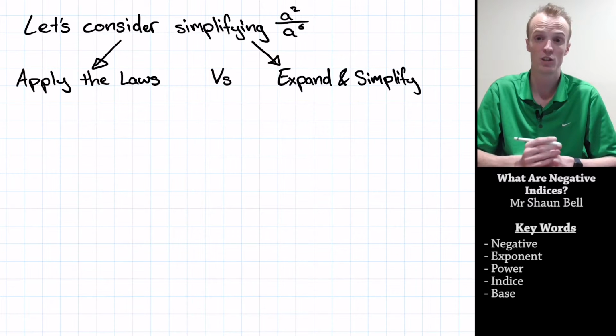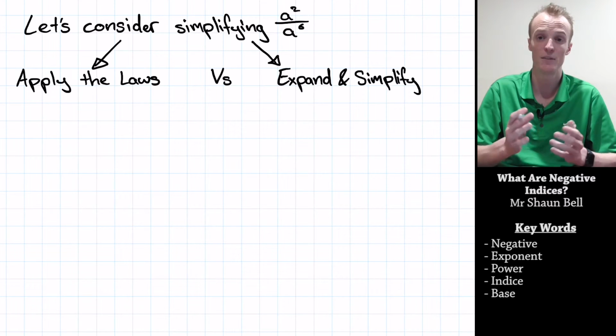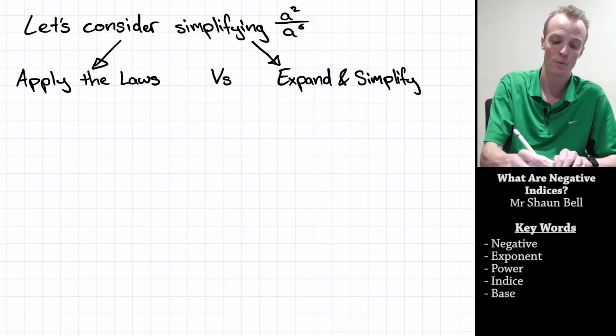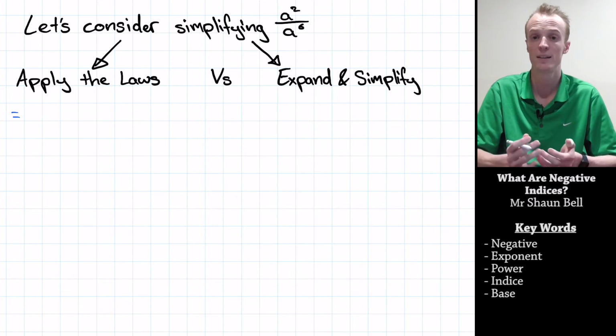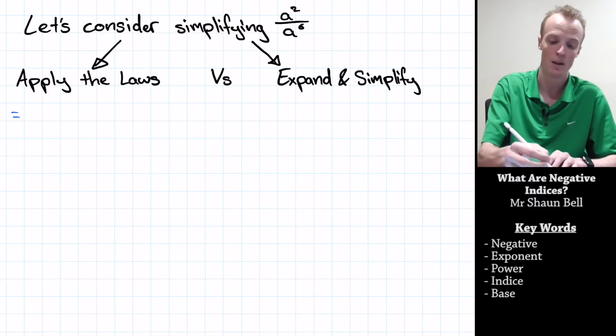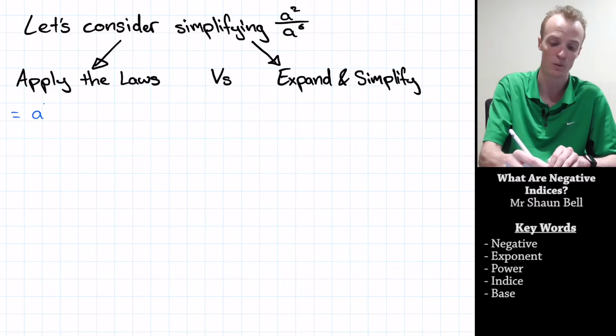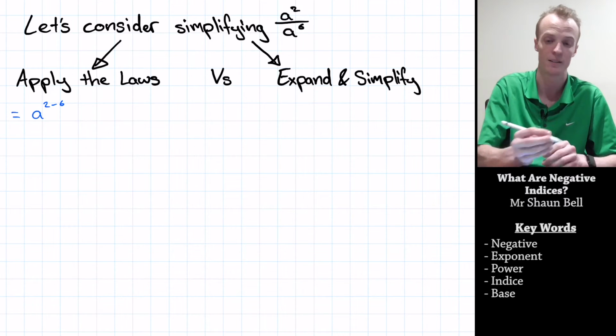The first of which is we could apply the laws from our previous videos. Now the law that we'd be using is dividing indices with the same base. So when we divide two indices that have the same base, we keep the base, but we subtract the bottom index from the top. So that's going to be equal to 2 subtract 6.